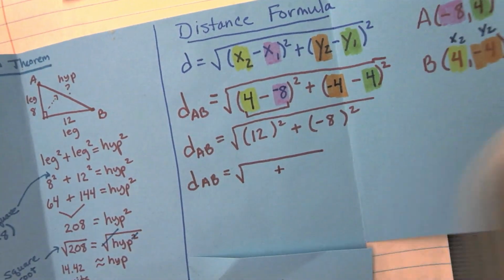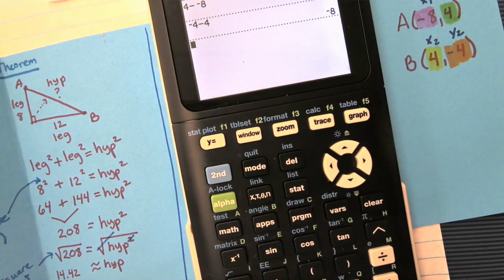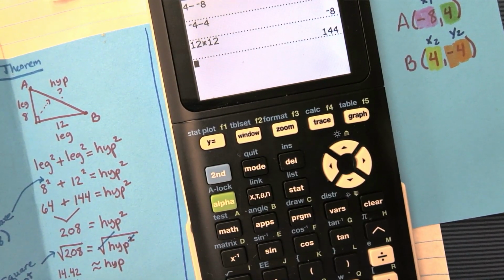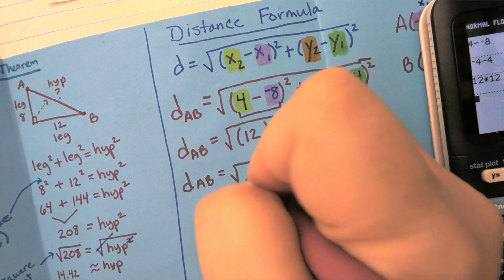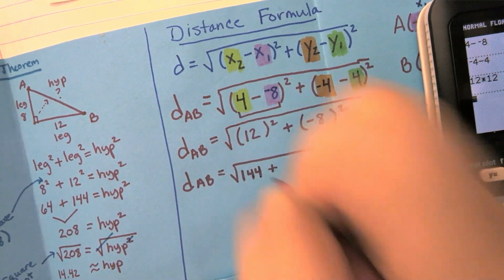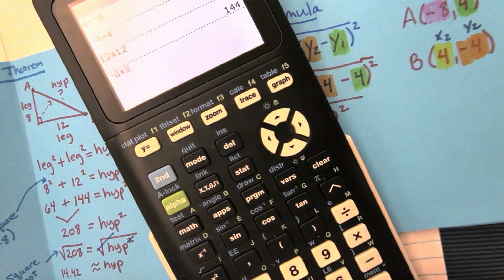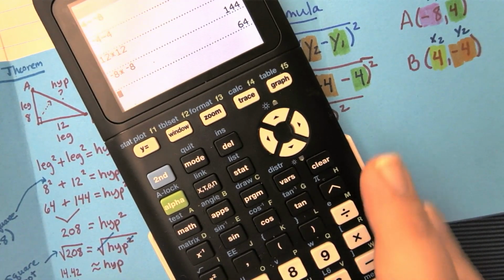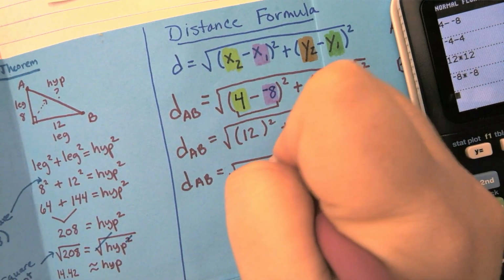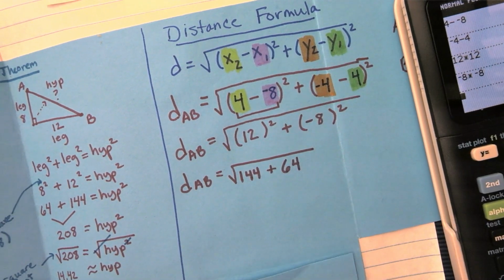So in the calculator, I'm going to do 12 times 12, 144. And then -8 times -8, and I get 64. So I'm almost there.